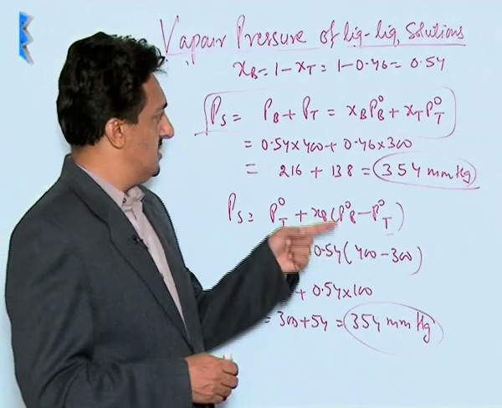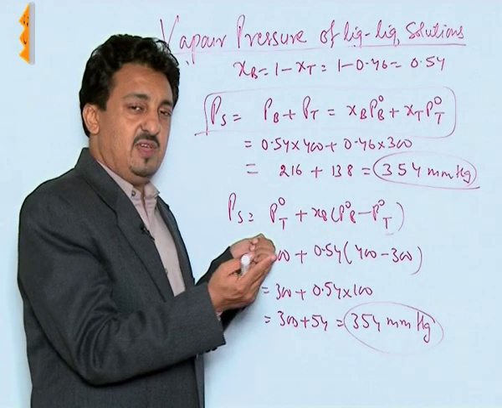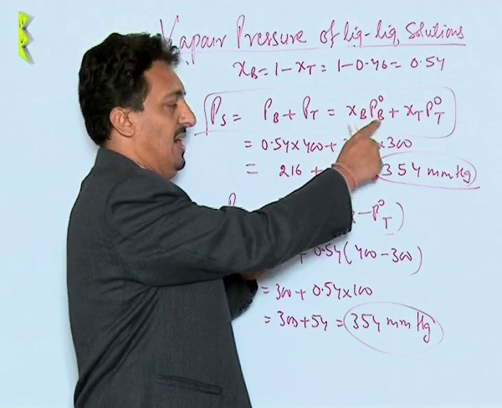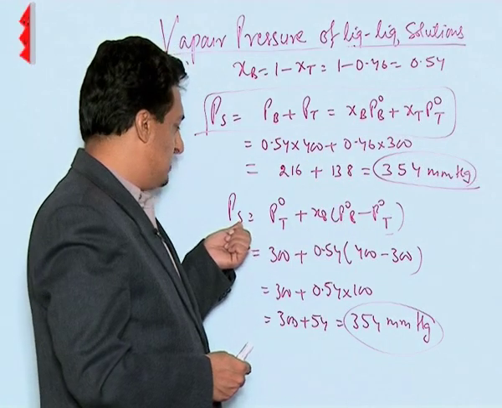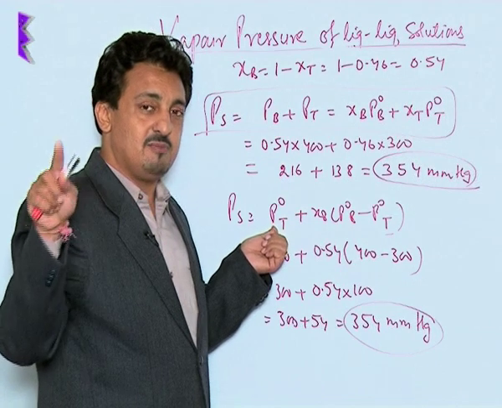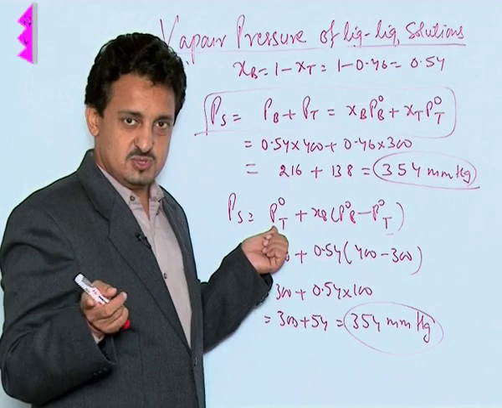We can use the modified formula, from which we got the P-X diagram also, in place of this formula, and we can find the same answer. The formula was Ps is equal to P naught A plus Xb times P naught B minus P naught A, where A was the solvent and B was the solute.